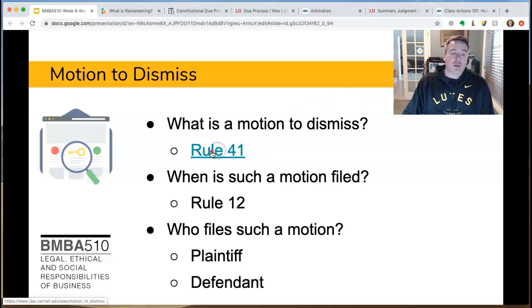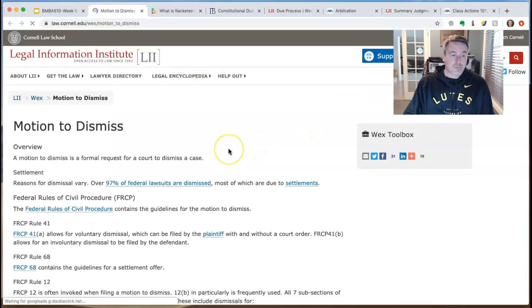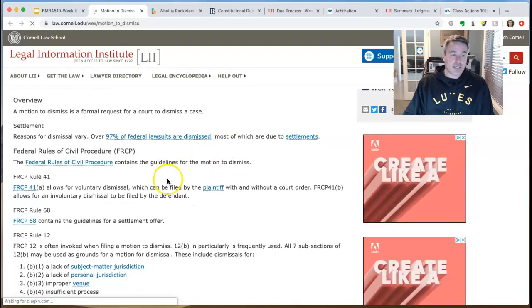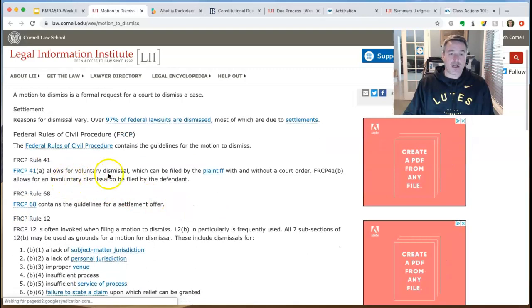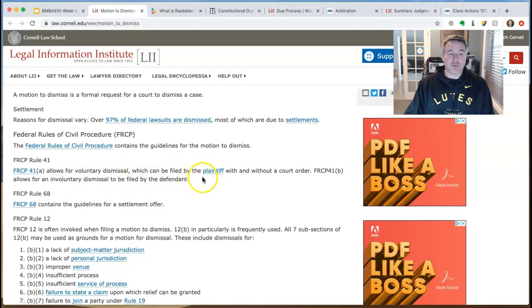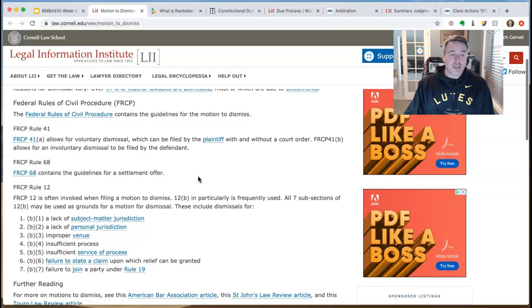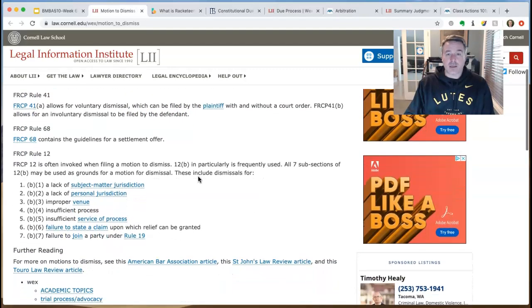So if you look at Rule 41, Rule 41 says that it allows for what's called a voluntary dismissal. That's when the plaintiff would file it, or it can be filed by the defendant. And here are some of the reasons why you would file one. And they come from Rule 12, and Rule 12 is the requirements for a case to proceed.